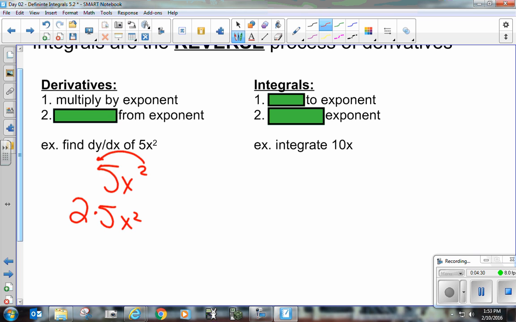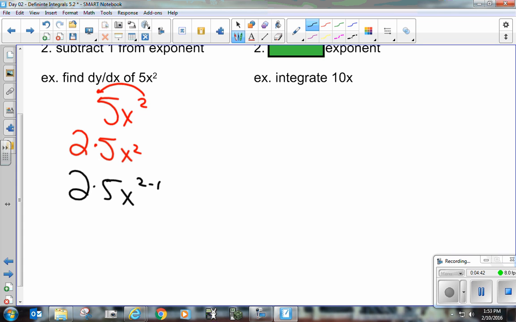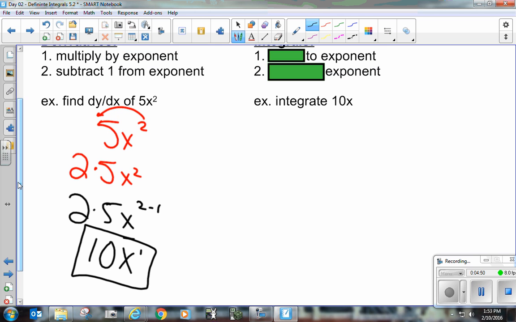That's when I multiply. And then what do I do to the exponent? We subtract 1 from the exponent. So now I have 2 times 5x to the 2 minus 1, which is 10x. You should be able to do this in your sleep now. 10x is the answer. You don't have to write the 1, but for this example, we will.